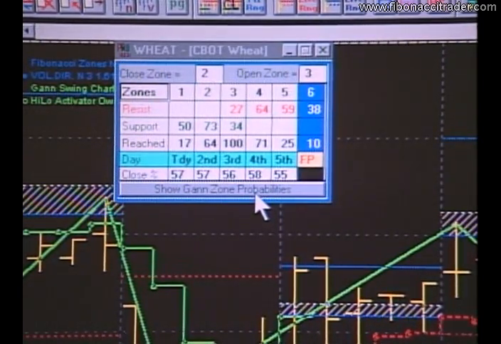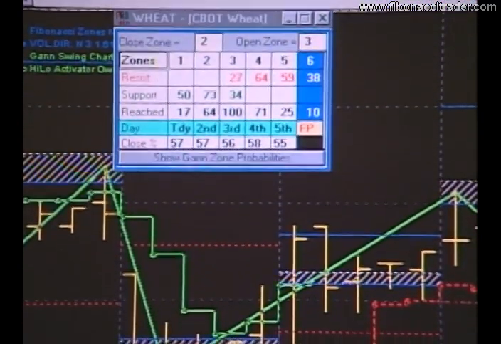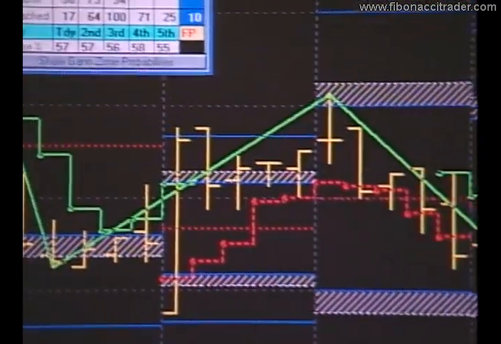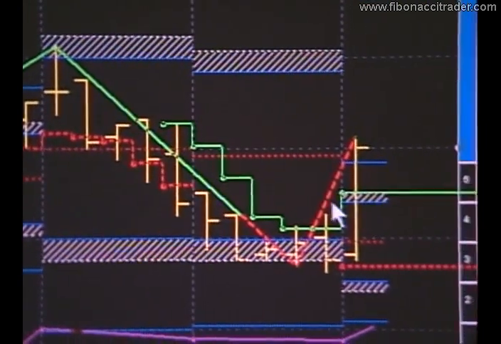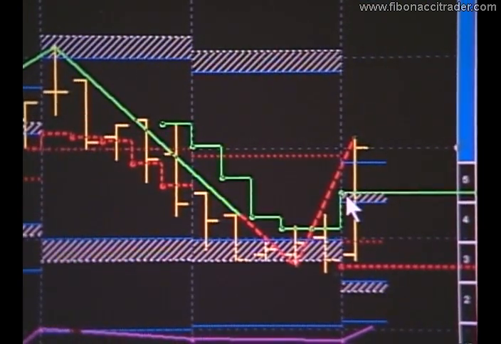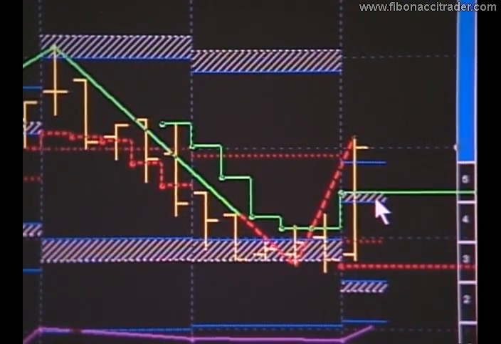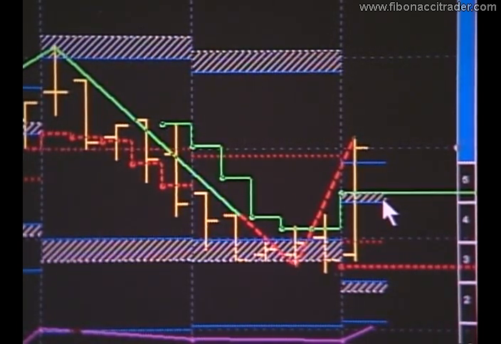Potential, capital P, folks. Any signal that I would get to buy with, including closing above the high-low activator and the failing of this resistance band, that to me implicates a buy signal.